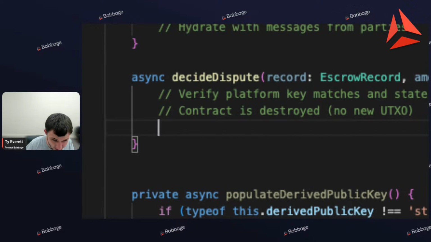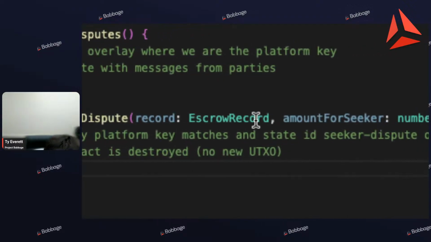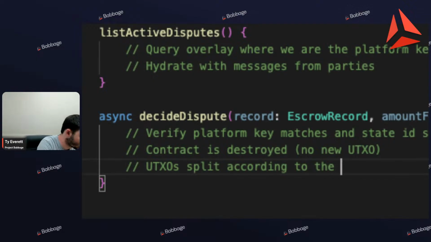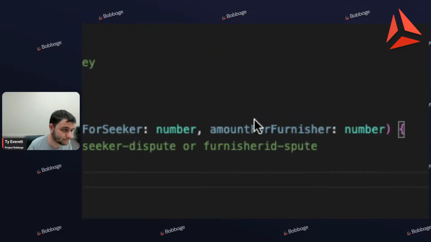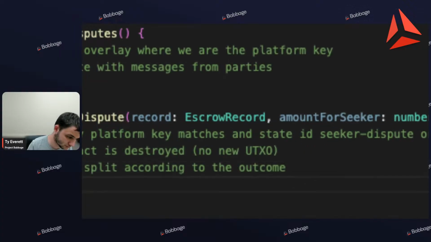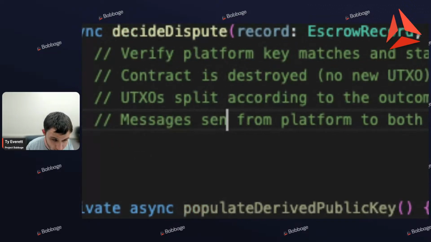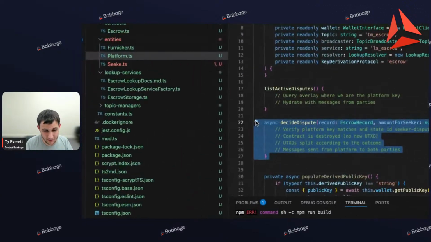yeah, that's actually a better way to. So the dispute resolution happens when the platform decides what's going to happen, and the UTXO is split across according... Okay, so messages get sent via message box to both parties in this case.